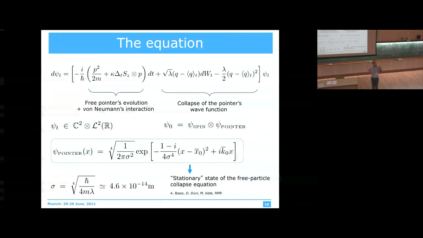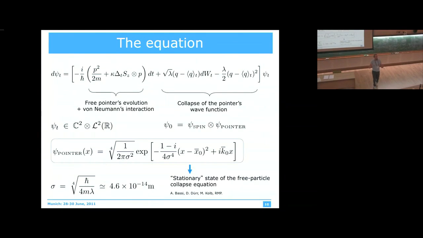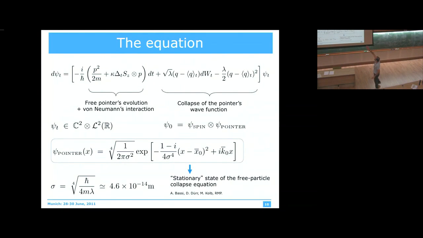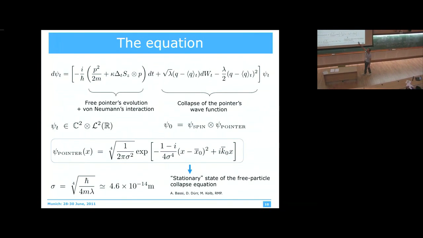The collapse is only in position, so only the pointer has a wave function in position, so the operator is the position operator of the pointer. Of course, I assume that the spin doesn't evolve in time. Once its initial state, it stays, apart from the interaction.